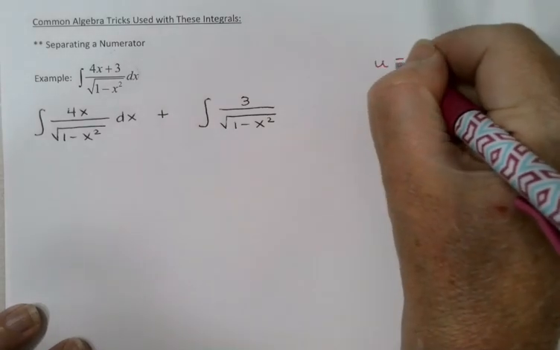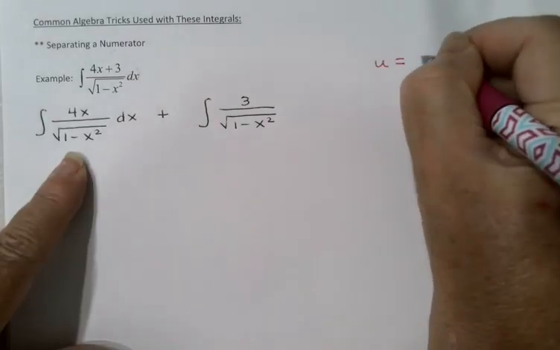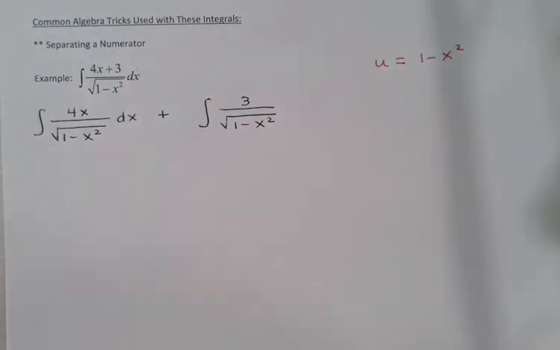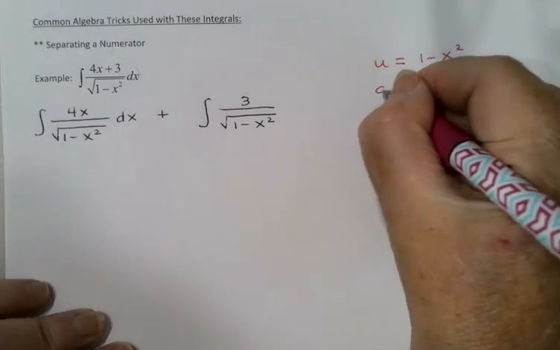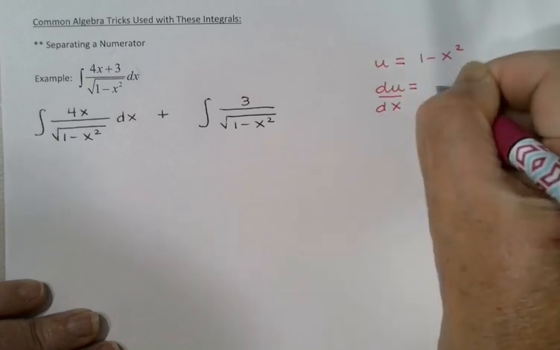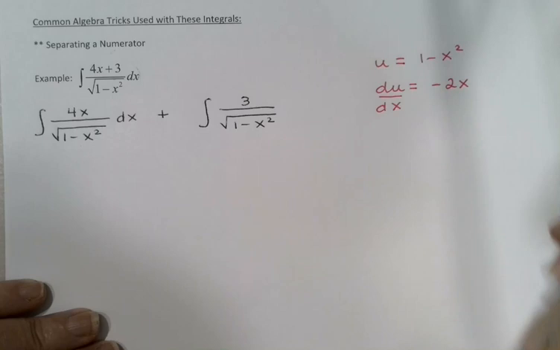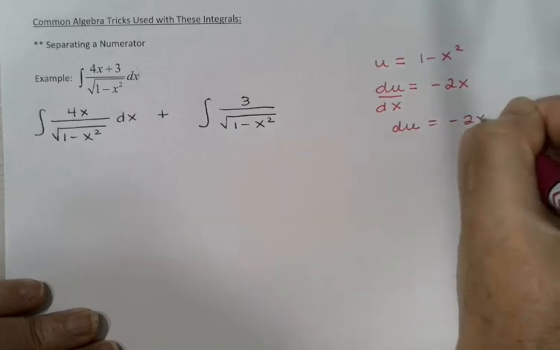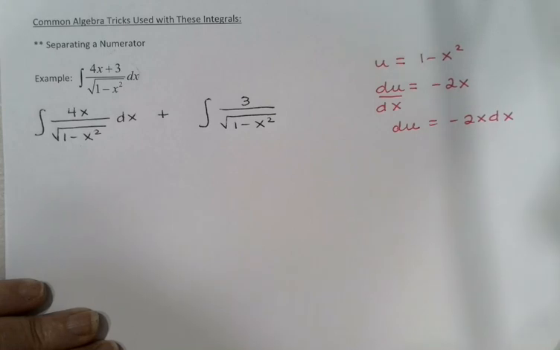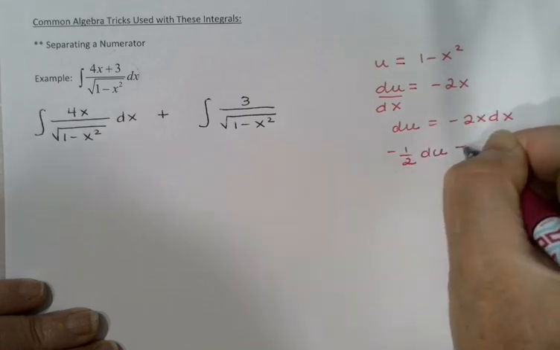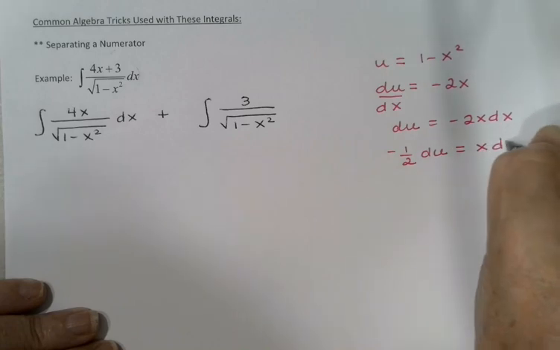If I let u be 1 minus x squared, that would be the inner function, what's under the radical, then du/dx is negative 2x. du is negative 2x dx, and negative 1/2 du is equal to x dx.